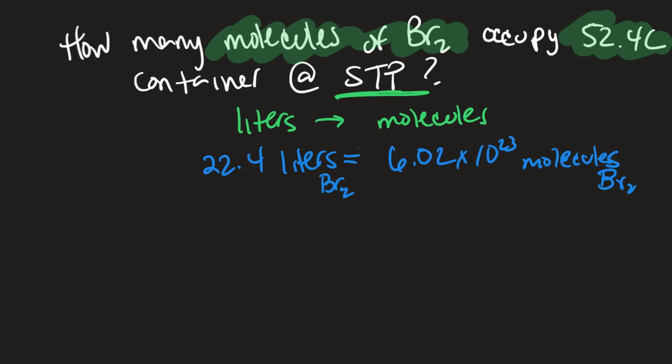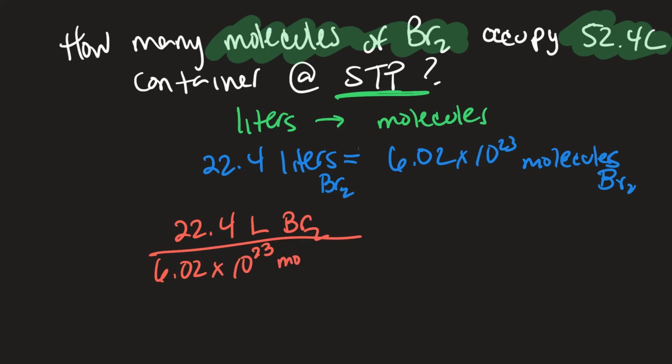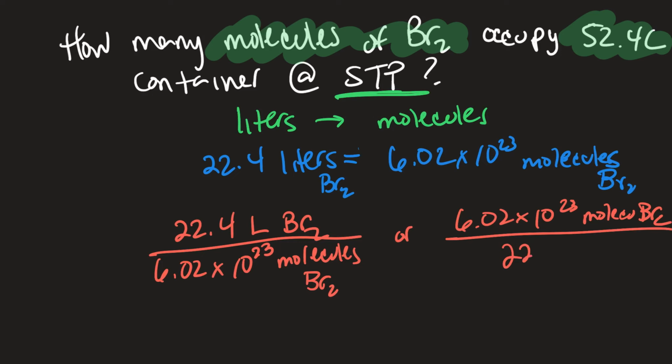So let's go ahead and write our conversion factors. Our two possible conversion factors are 22.4 liters of Br2 over 6.02 times 10 to the 23 molecules of Br2, or 6.02 times 10 to the 23 molecules of Br2 over 22.4 liters of Br2.